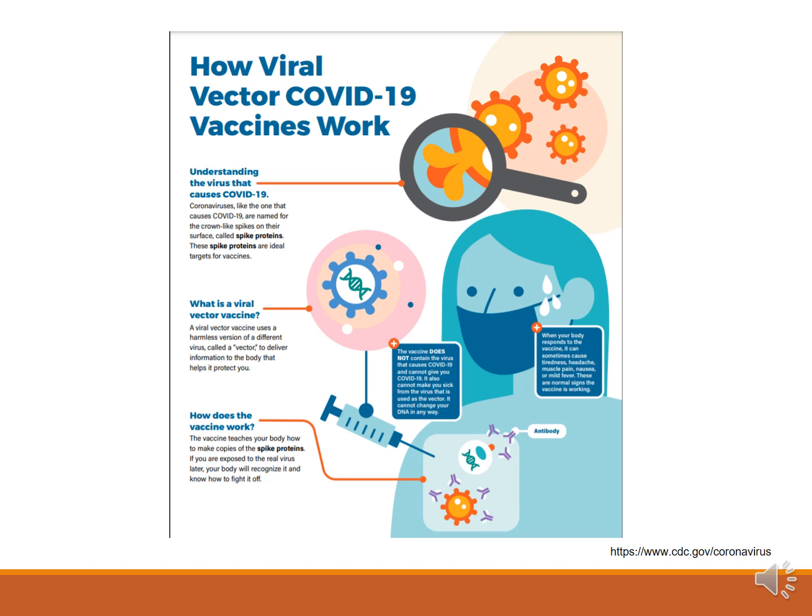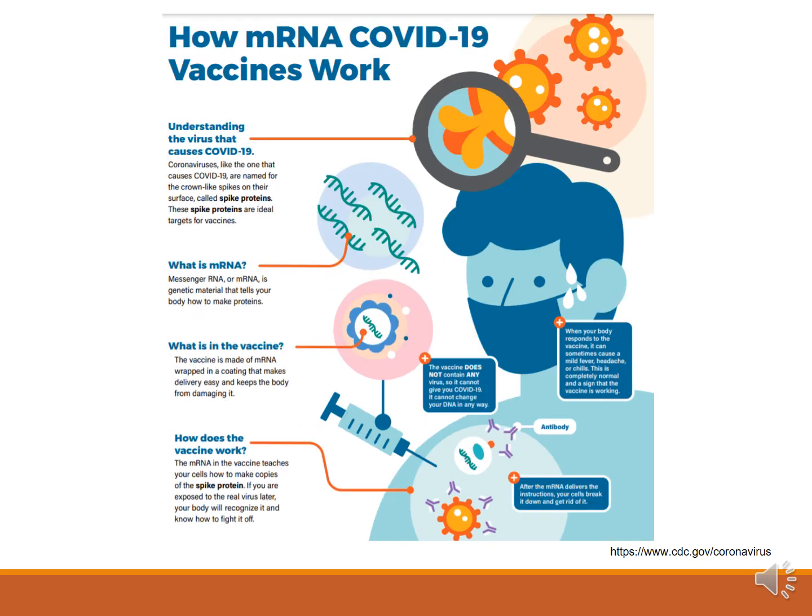Okay, with a viral vector, you're just using a harmless version of a different virus to deliver this information to your cells. The vaccine teaches your body how to make the spike proteins. If you are exposed to the real virus, you then recognize these spike proteins and fight it off. So this would be the J&J vaccine.